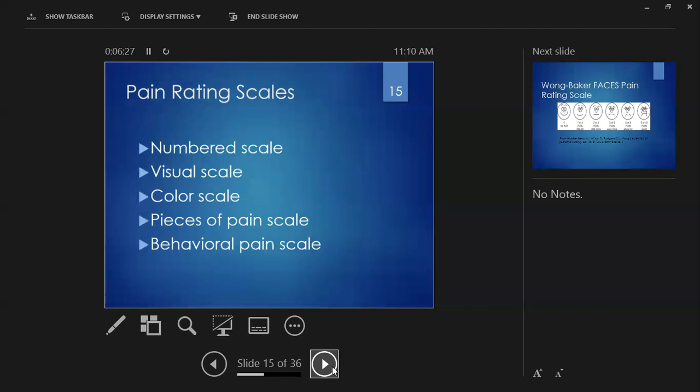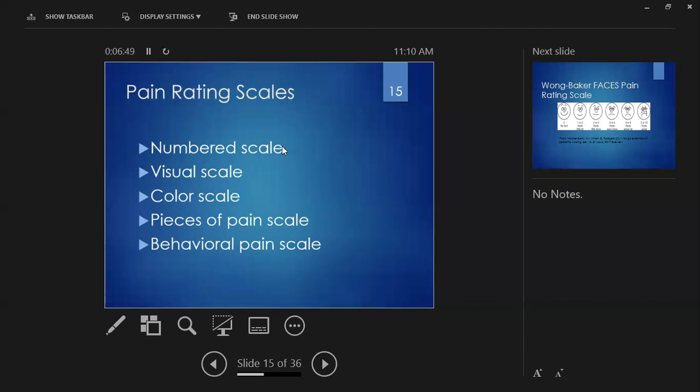Pain rating scales. So we have numbered scales. This is the 0 to 10, right? We have visual scales. This is where we have an image, and on our image, we have either drawings of faces that progress through a series of expressions, like going from happy and smiling to crying.